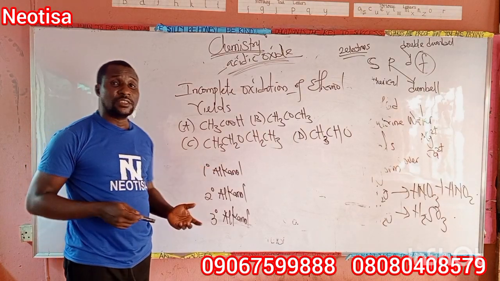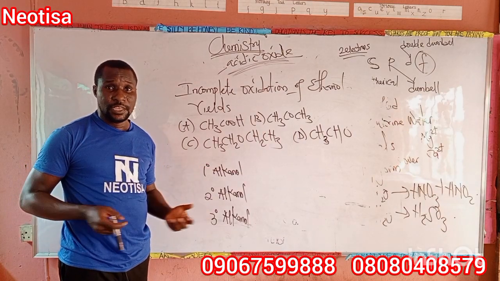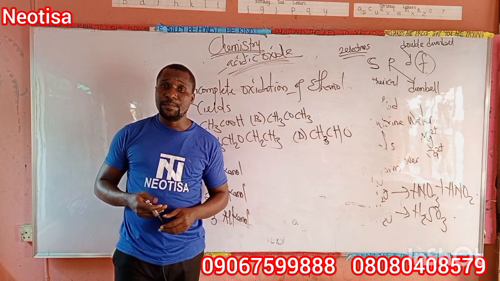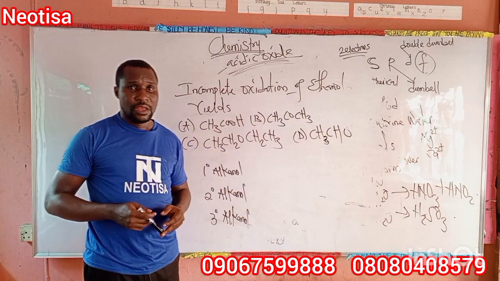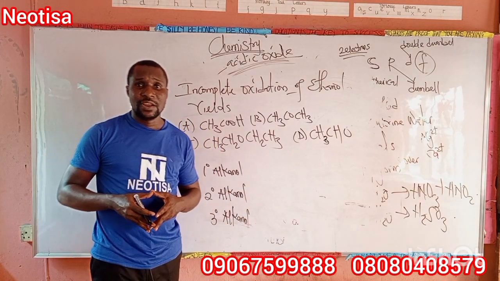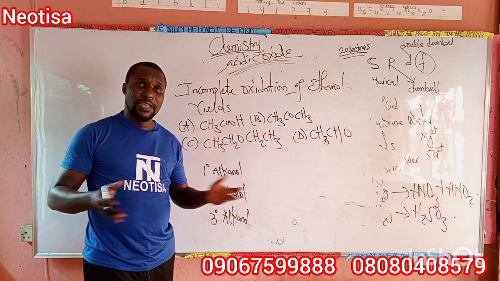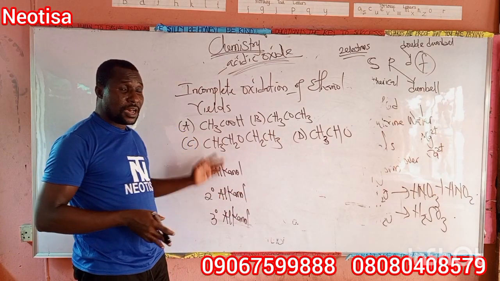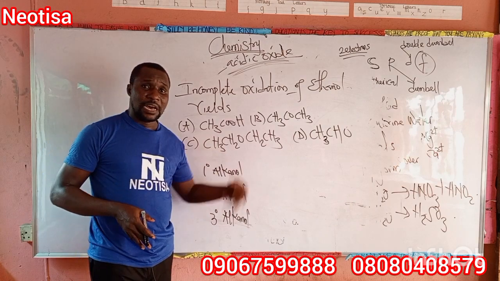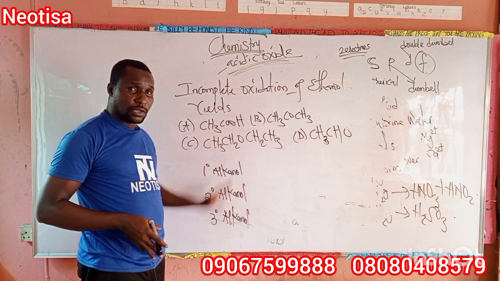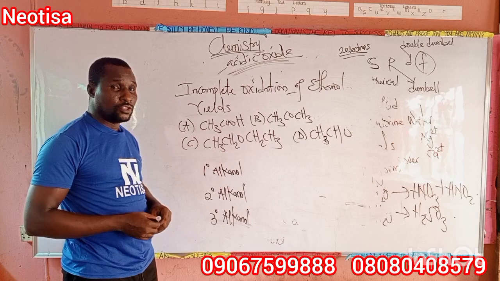How you can differentiate the three of them will be taught in the topic on alkanols as a family in organic chemistry, where you will be taught how to differentiate their structure.